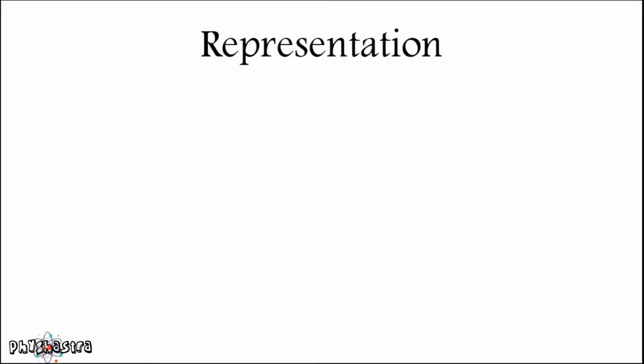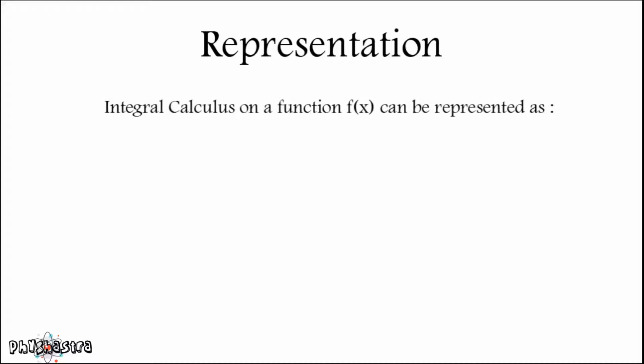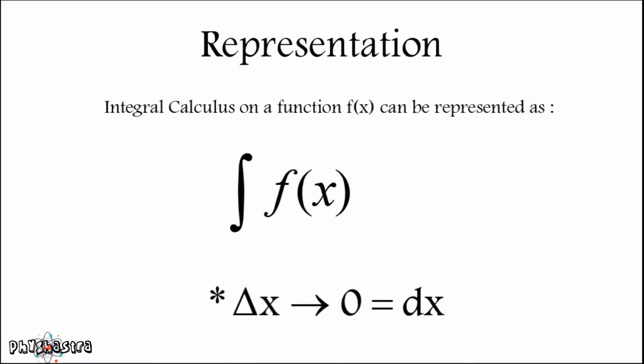To perform integration on a function f of x, we put a long sloppy S-like symbol in front of the function f of x, then multiply by dx, and you know that when delta x tends to or approaches 0, then we get dx. You figured out that it is a very small change, then added by the constant.